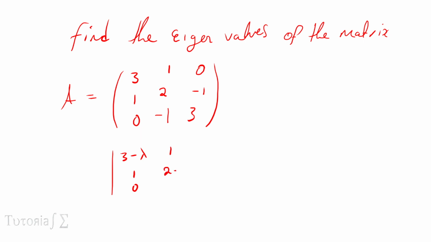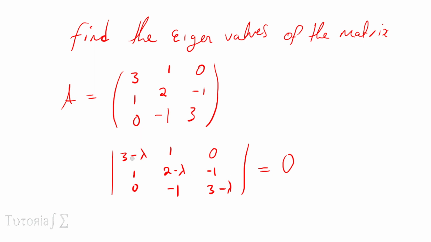Then 2 minus lambda, -1, then 0, -1, then 3 minus lambda. Then what I want you to do is find the values of lambda. So you equate this to 0.